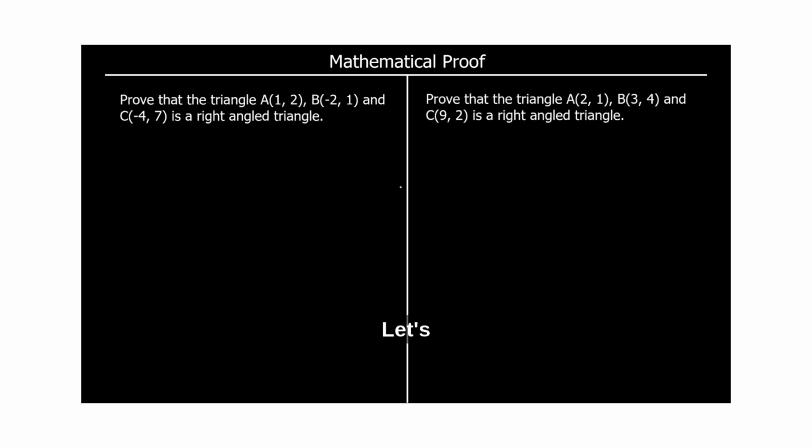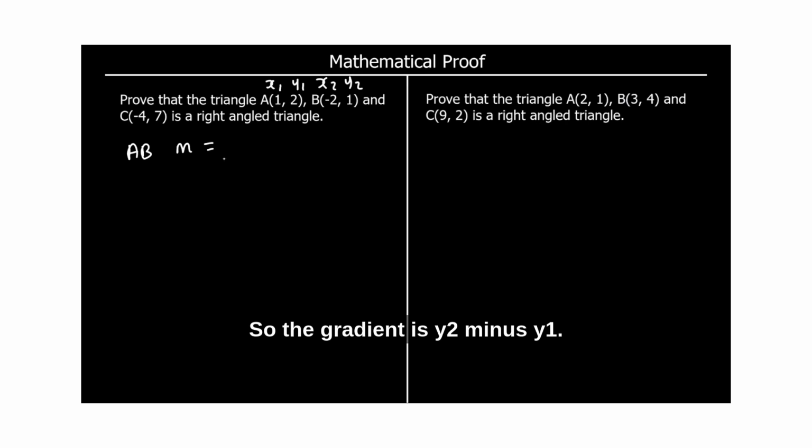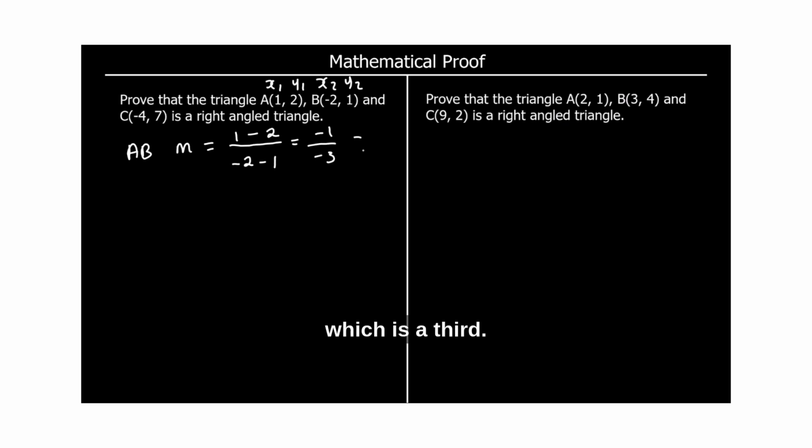Let's find the gradients. So for the line AB, the gradient is going to be the change in y over the change in x. Let's have x1, y1, x2, y2. So the gradient is y2 minus y1, 1 minus 2, over x2 minus x1, negative 2 take away 1. That's negative 1 over negative 3, which is a third.